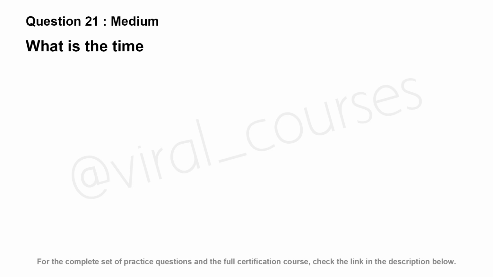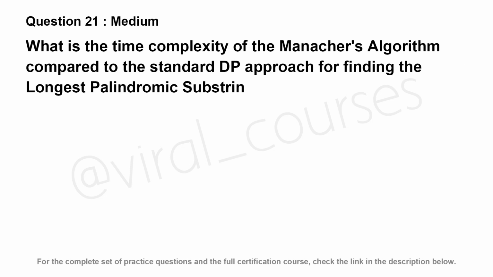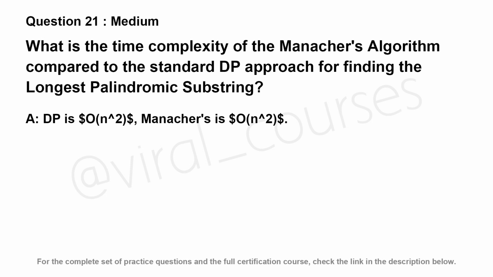What is the time complexity of Manacher's algorithm compared to the standard DP approach for finding the longest palindromic substring? Option A. DP is O(n squared), Manacher's is O(n squared). Option B. DP is O(n squared), Manacher's is O(n).